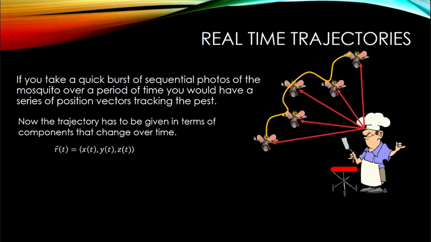My vector r as a function of time is given by the components x of t, y of t, and z of t. And there are 2 ways that I can think about this model.